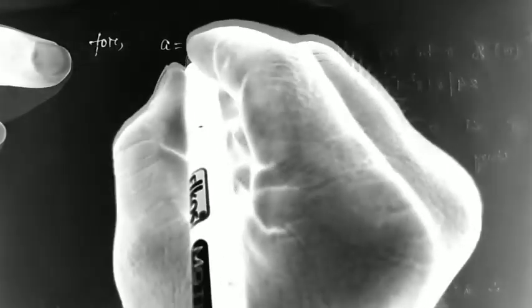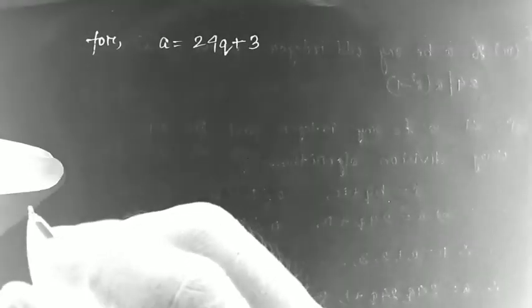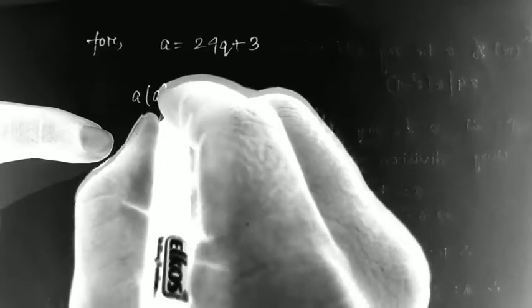Say a is equal to 24q plus 3. Let's see, a into a square minus 1.